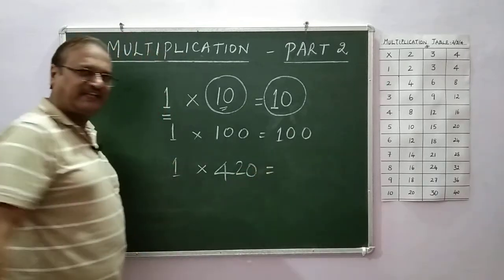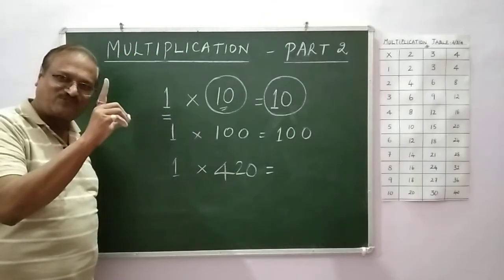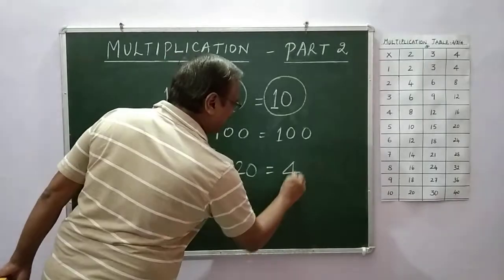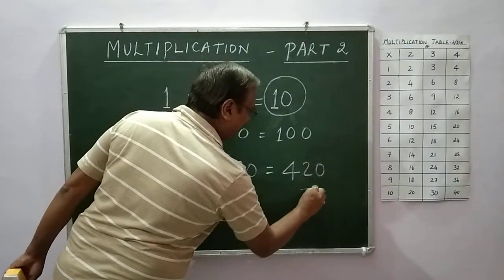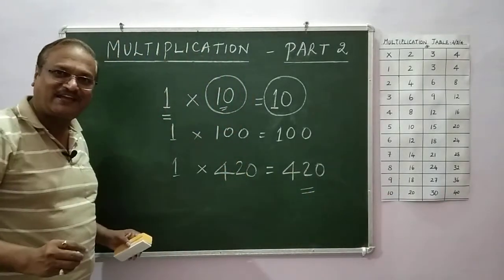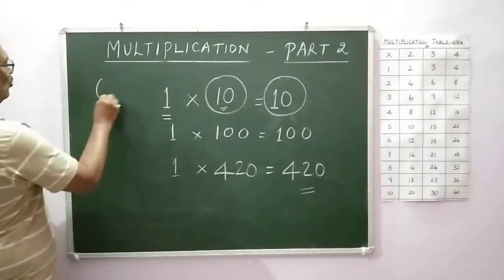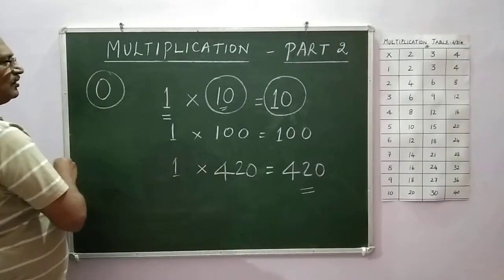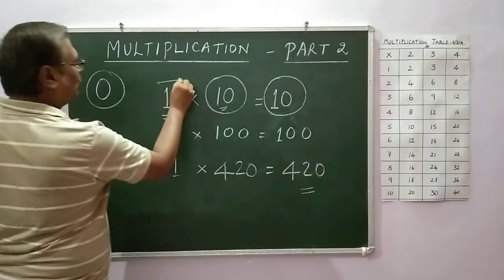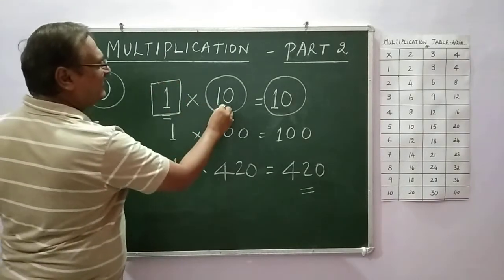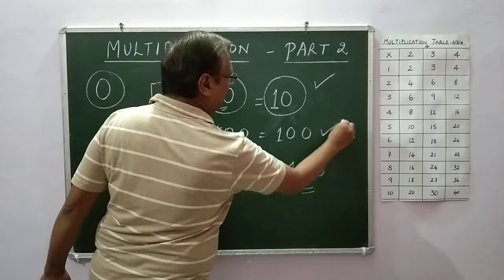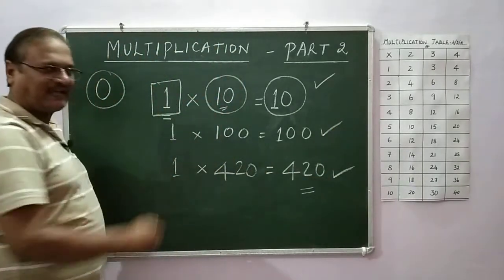How many 420s will be there? Only one 420, right? So you multiply with 0, you will get 0. You multiply with 1, you will get the same number you multiply.